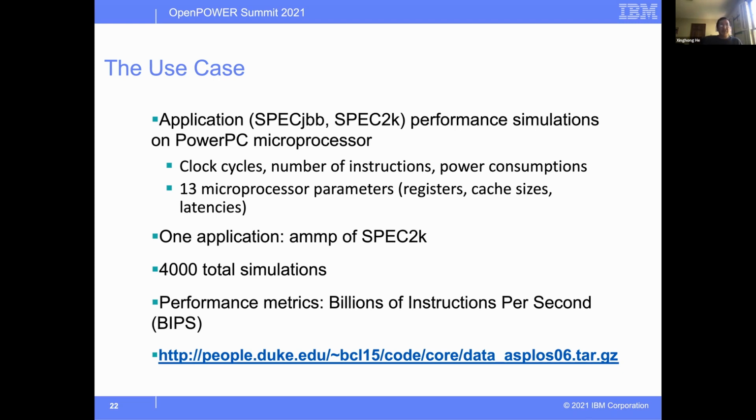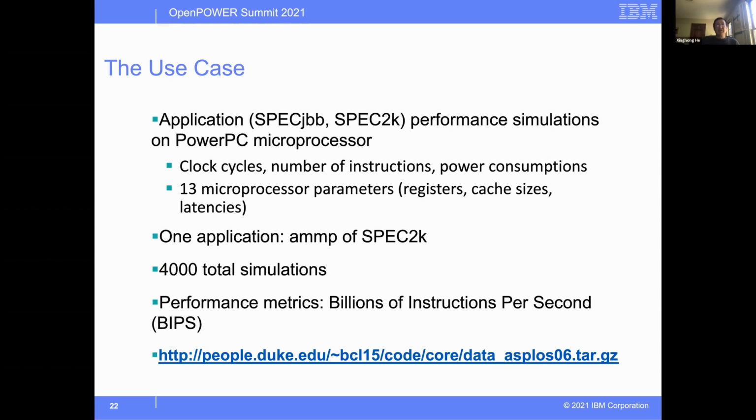The application name is AMMP. What this simulation does is help design new processors which would get you the best performance of those sets of applications. So in this case, it's to get the best performance of AMMP.